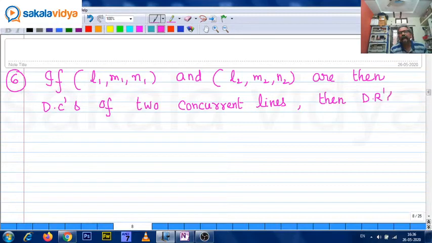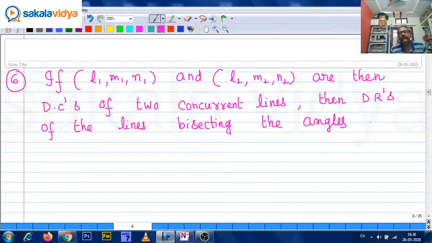DRs of the lines bisecting the angles between them are.